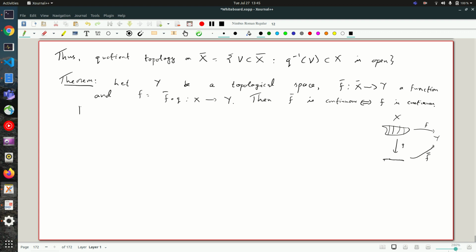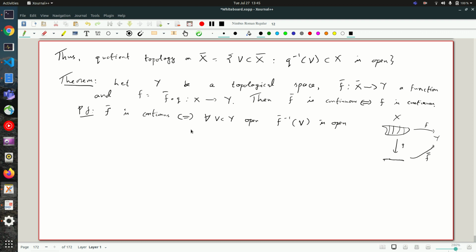Okay, so let's see. This is actually rather easy to prove, but I called it a theorem because it's a significant result, and we'll see two or three other ways of interpreting and using this. Okay, so where are we? We have F bar and we have F. We want to show F bar is continuous, which is equivalent to: for all V contained in Y open, F bar inverse of V is open.